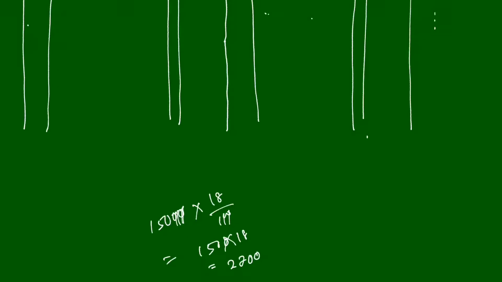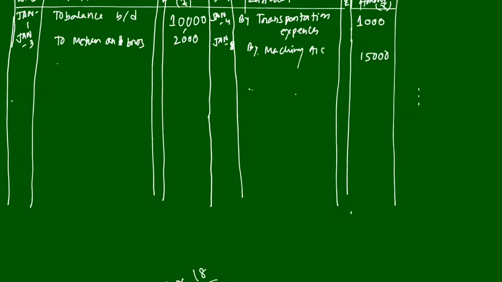You have to give half to CGST, half to SGST. So the half is 1350. You write here.